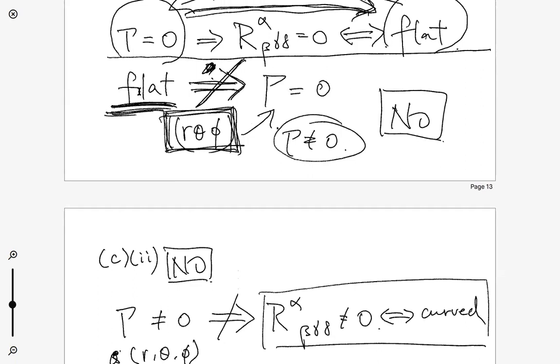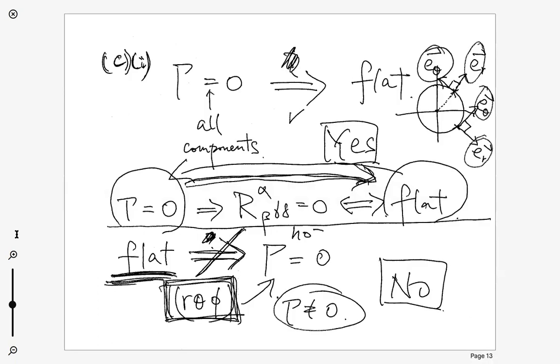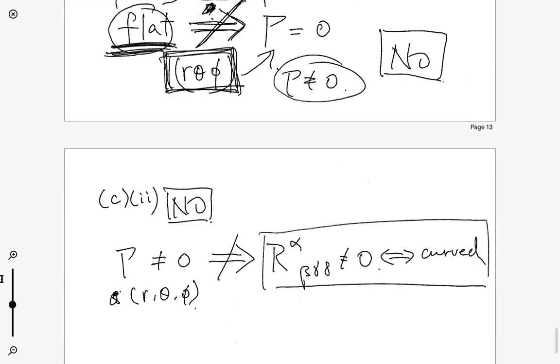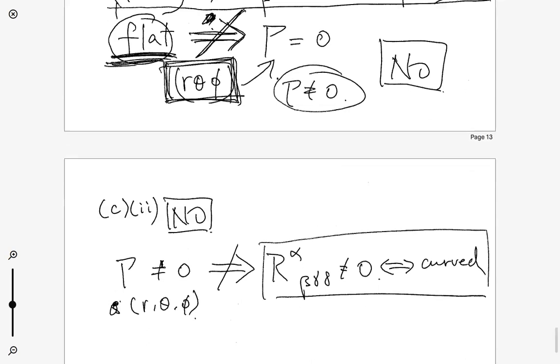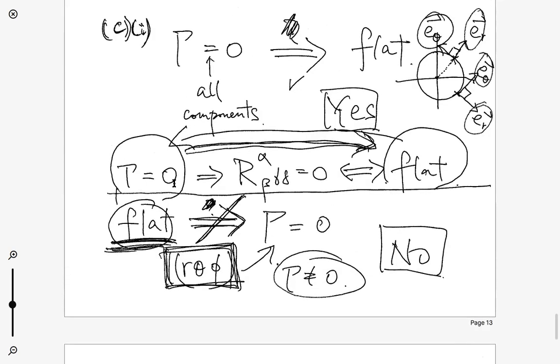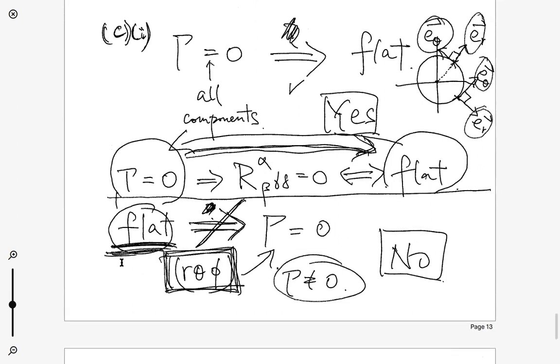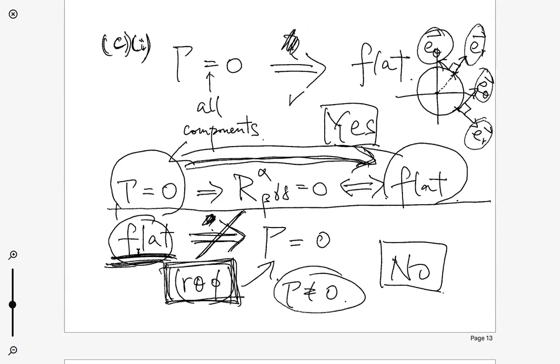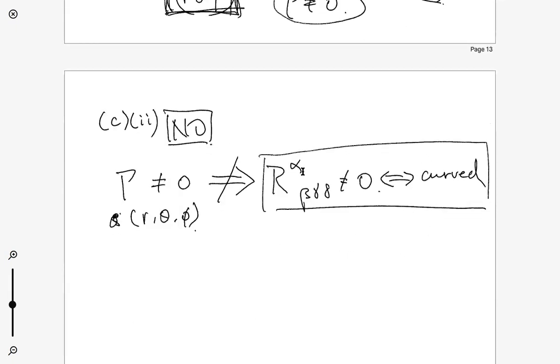If we negate both of these conditions and then do the reverse, it means that not this condition, exactly means the Christoffel symbol is not zero, and the negation of this flatness here is exactly the curved condition here.